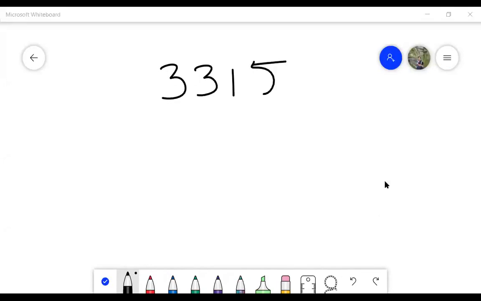When you are converting you have to divide. So which is the base they've asked? Convert it into hexadecimal. What is the number of digits present in a hexadecimal system? It is 16. So 3315 divided by 16 we have to do.